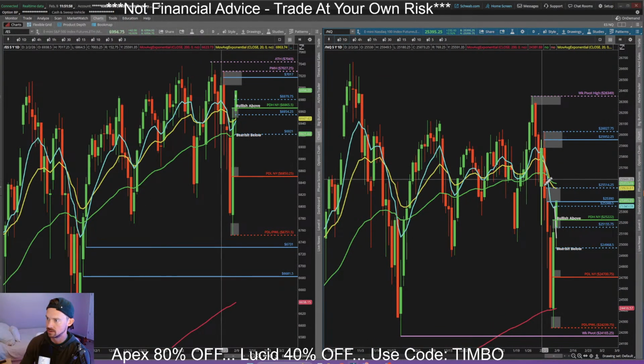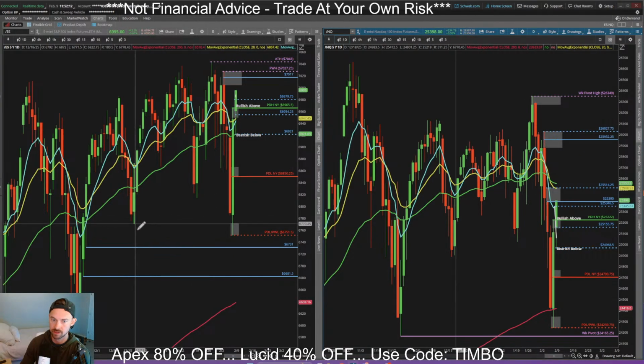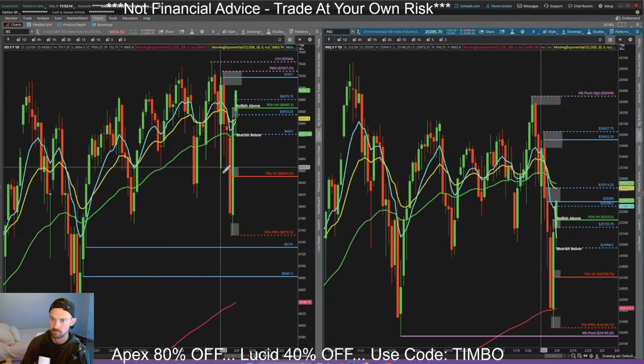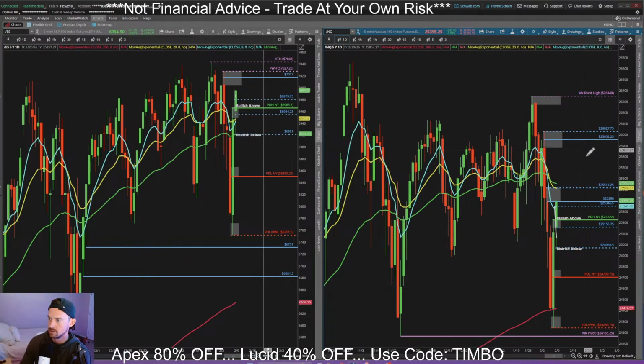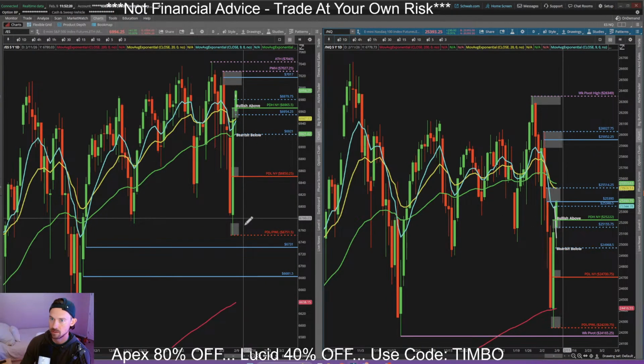We had this green candle. We took out that pivot low, this pivot, came all the way down to here, right off the 200 EMA on the daily chart on NQ. ES obviously held up a little better, but still took out this pivot, so this one too, obviously. Take out all the stops and then back up to the upside.